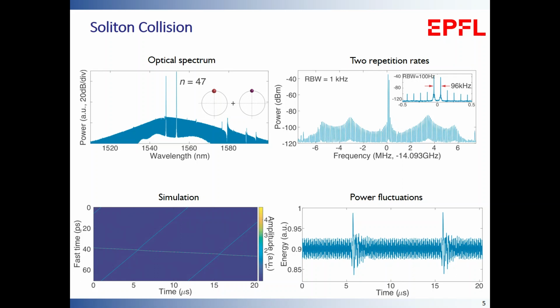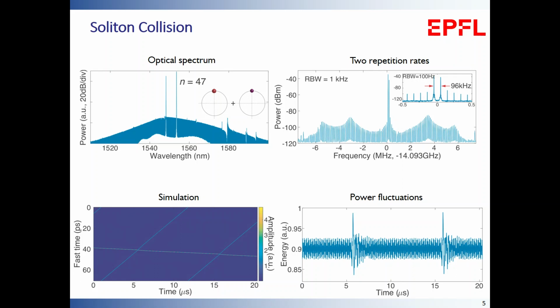In this case, we use these two lasers, but there's a large frequency gap. We pump the same resonance family, but there are about 47 FSRs between these two lasers, where one FSR, in this case, is 14 gigahertz.